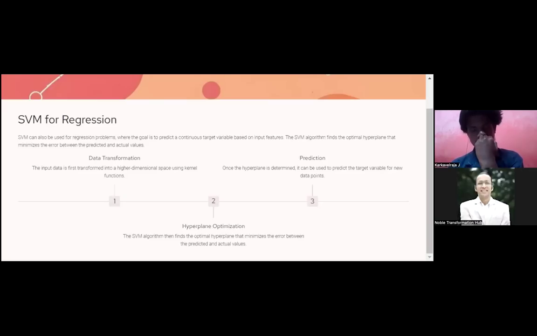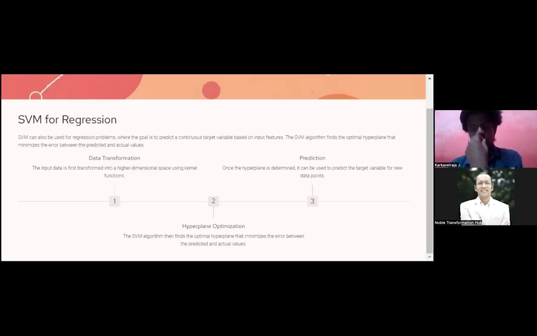When you're not minimizing the error, there would be a problem. Then prediction: once the hyperplane is determined, it can be used to predict the target variable for a new data point.